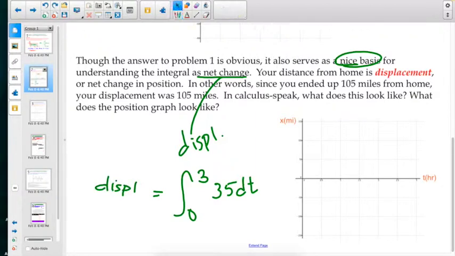What does the displacement graph look like? Talk at your table and come up with what that displacement graph looks like. Awesome. No. Exactly it. Excellent. Nice.